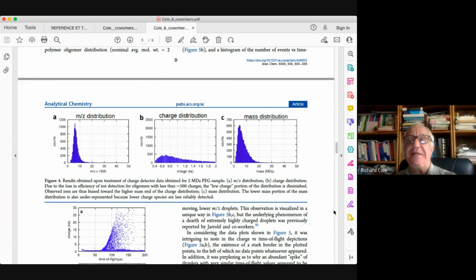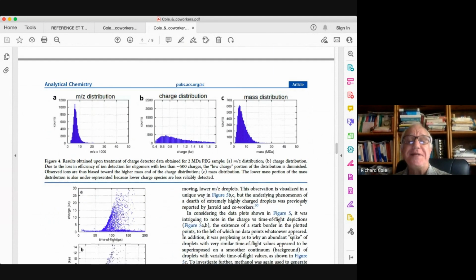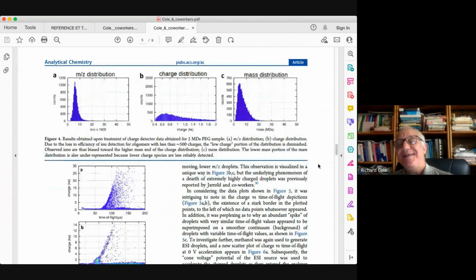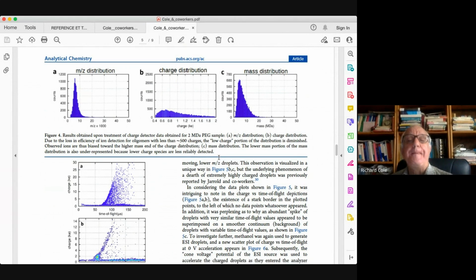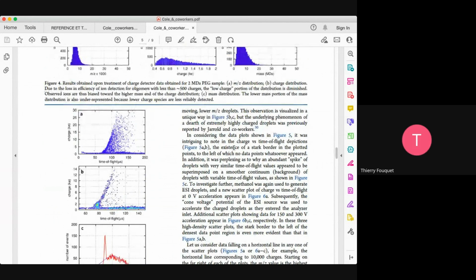Any questions about the polymer characterization aspect of our instrument and the example here? Yeah, I do have a quick question, if you don't mind.